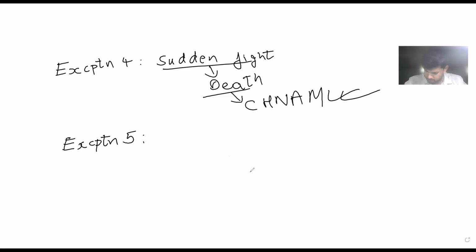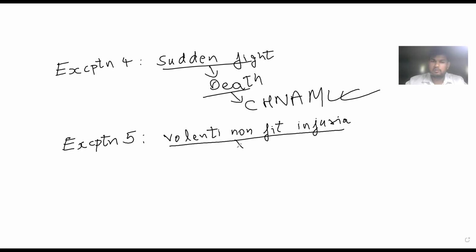Exception 5 is basically again volenti non fit injuria. I told you when we read section 87, that was a general exception, that no one can consent to his death.